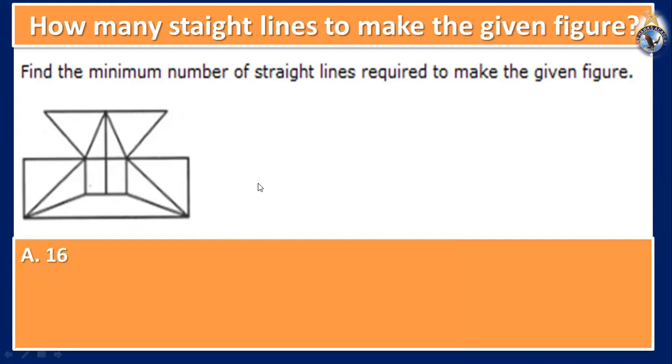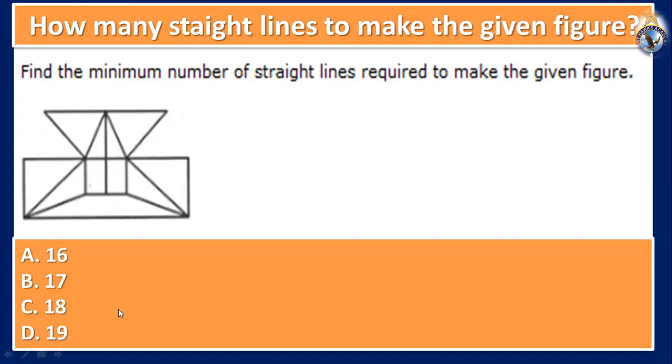So this may be one of the correct answers, but we will have to see the other options. Then 17 lines. Then 18. And the last option is 19. So out of these options, we will have to select the right one. So which one is the right answer?